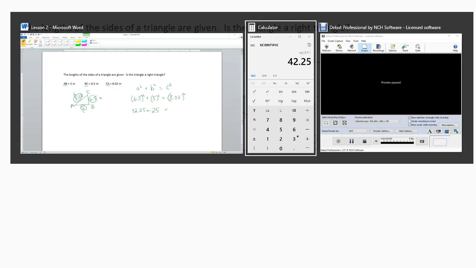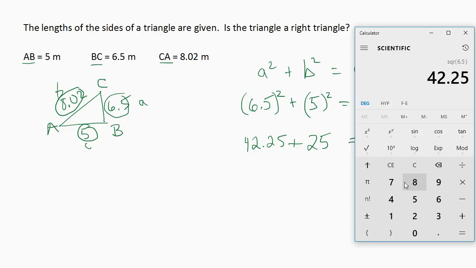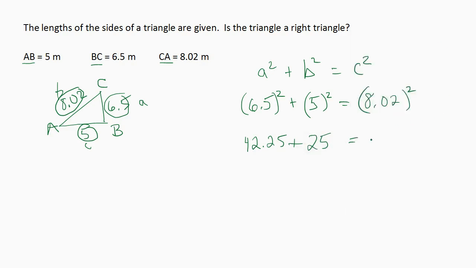And we also need the 8.02 squared. 8.02 squared is 64.3204. Now, are they actually equal to each other?